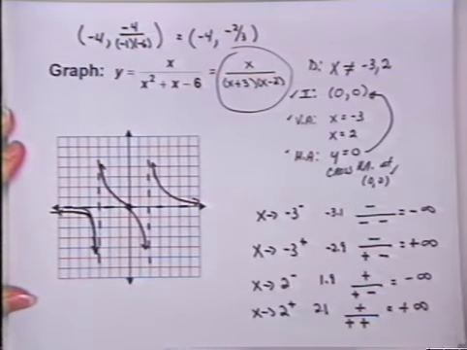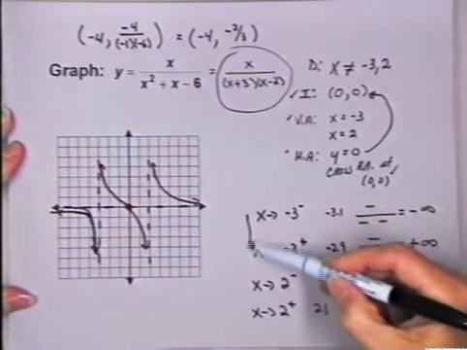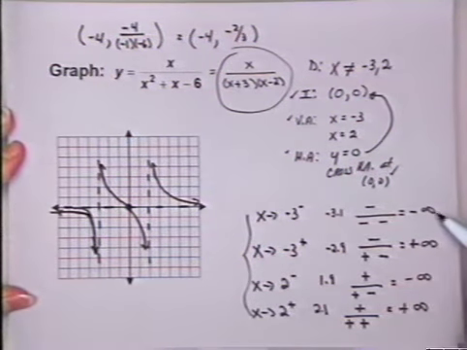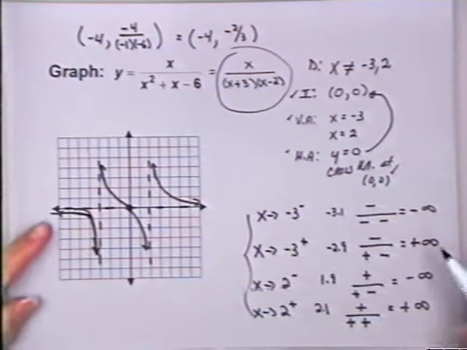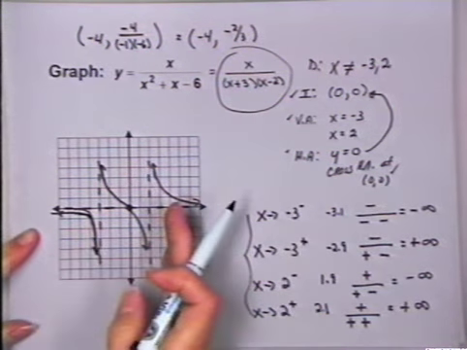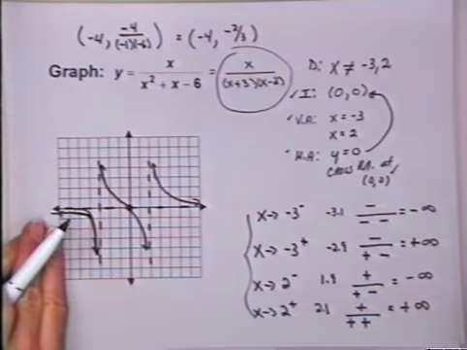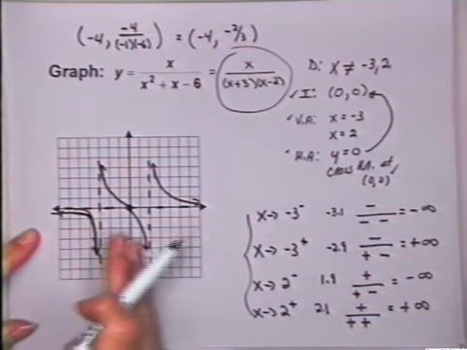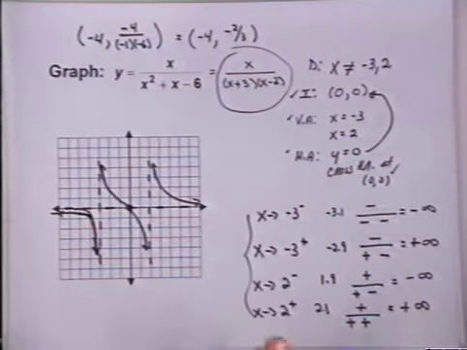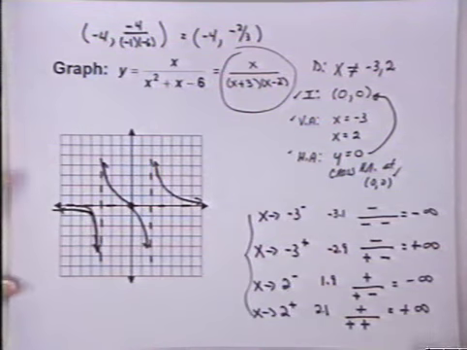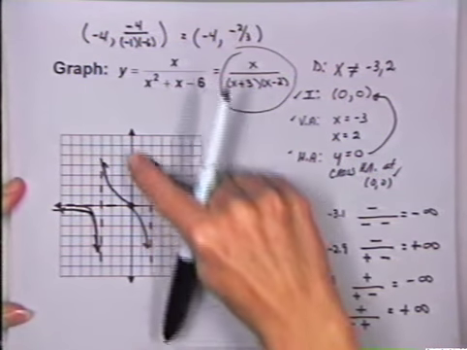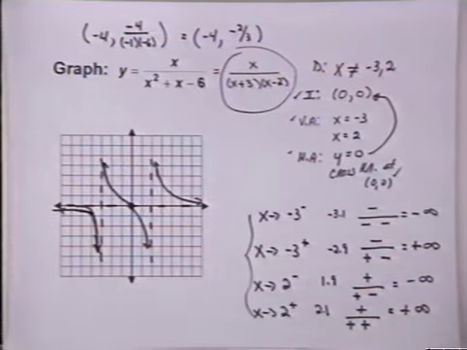Do we cross the horizontal asymptote? What's happening at our vertical asymptotes? Are we approaching positive or negative infinity? Okay? And then do the graph in sections. If you've got more than one asymptote, work on the left of the first vertical asymptote, in between, and then on the right, and then get that graph in sections. Keep in mind, you cannot cross these vertical asymptotes with your graph.